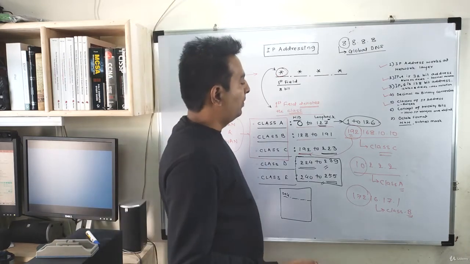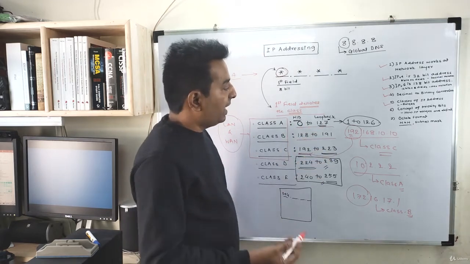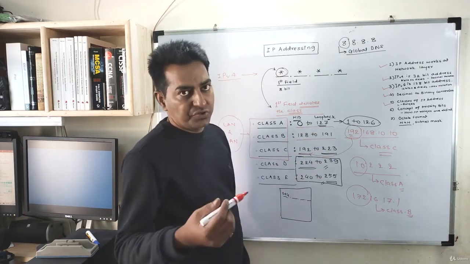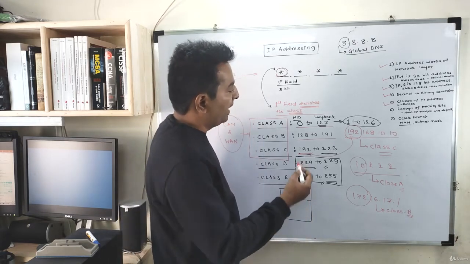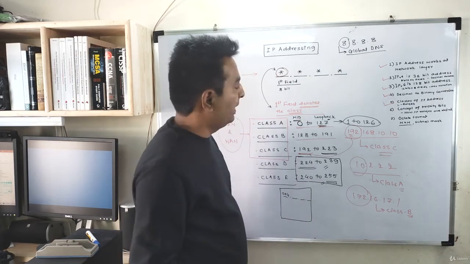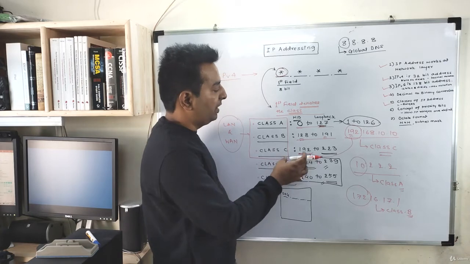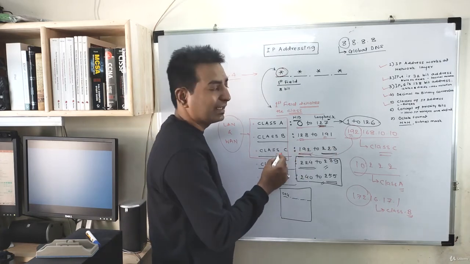So now we understood the range, but again there could be a question in your mind: why 0 to 127 only, right? Or why 128 to 191 for class B, or 192 to 223 for class C?